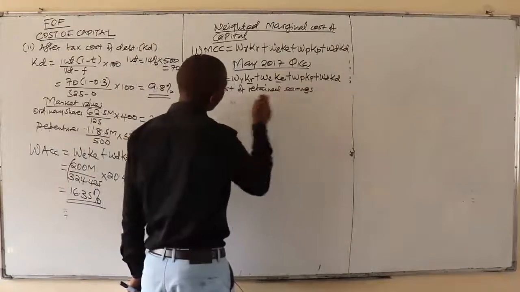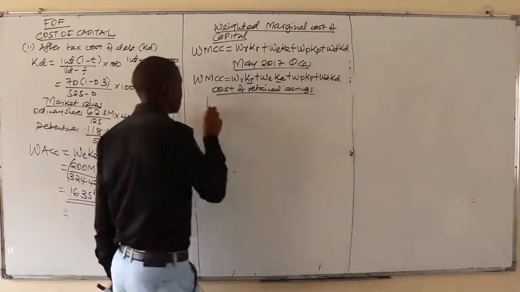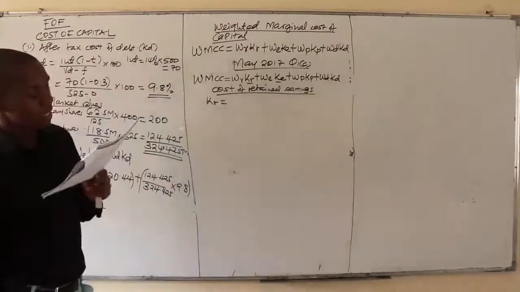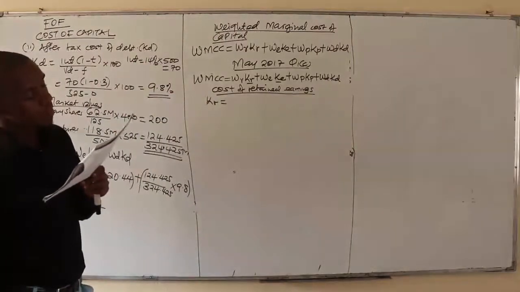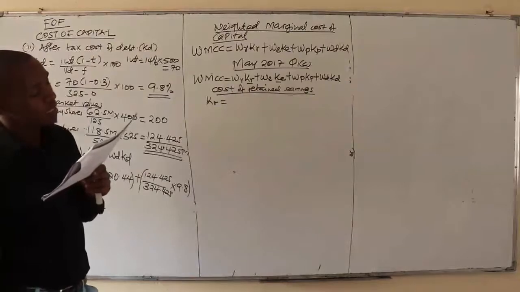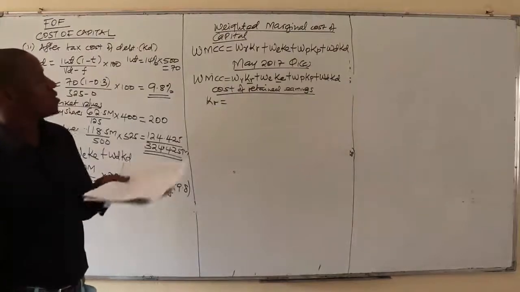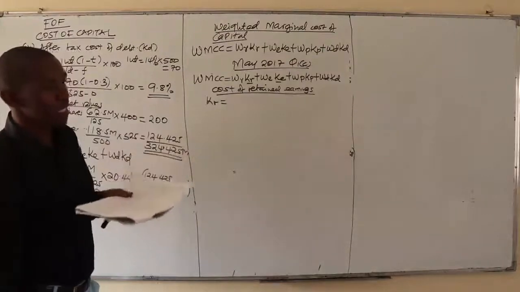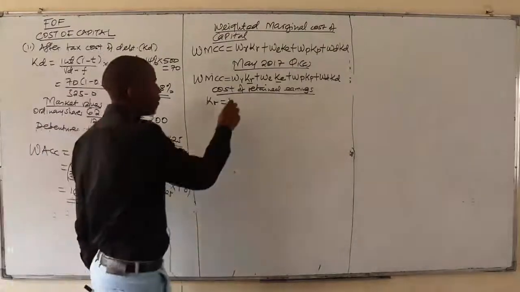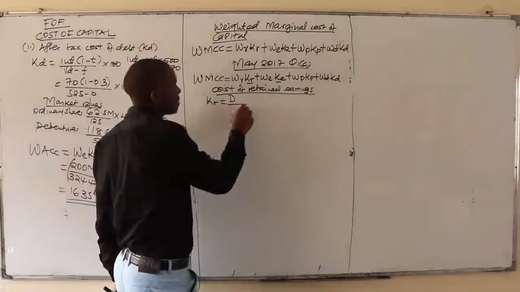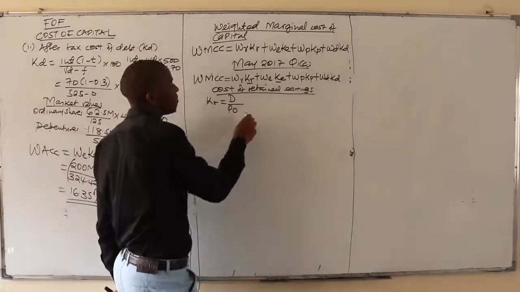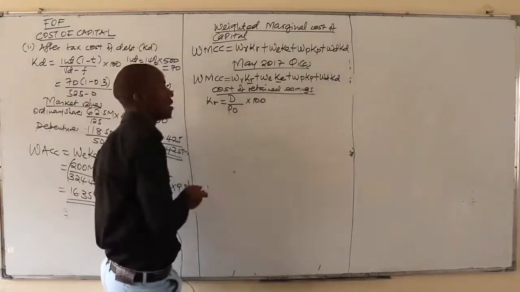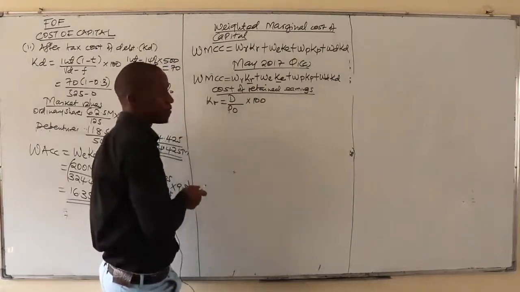For the cost of retained earnings, which is KR, it will depend on the type of the ordinary shares. We've been told that the constant ordinary dividend is just 2, meaning that this is zero dividend growth rate ordinary shares. Therefore, you take the dividend, divide by P, and multiply by 100, because they do not incur flotation cost.